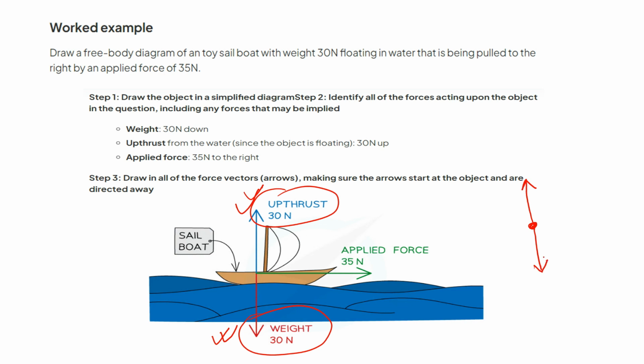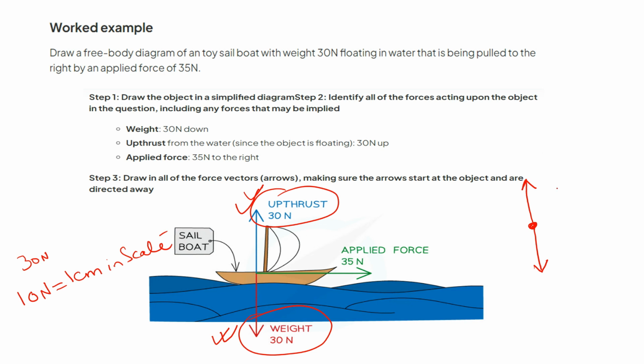And also students, remember, when you are drawing these arrows, you can measure the length of the arrow with a ruler depending on the force. Let's say for example it's 30 Newton, so you can mark it like this. Let's say 10 Newton equals 1 centimeter in scale.